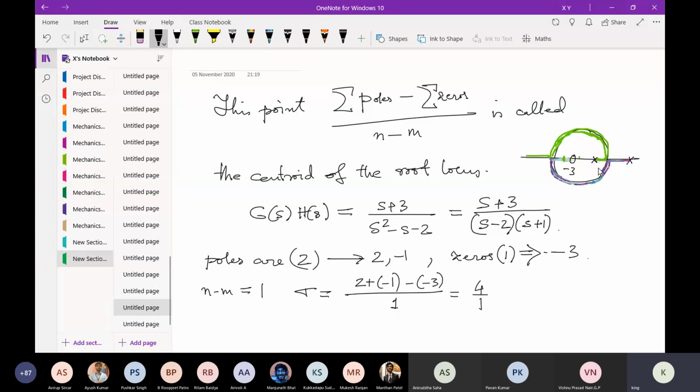You will have poles at minus 1 and 2, and your asymptote will lie on the real axis itself.